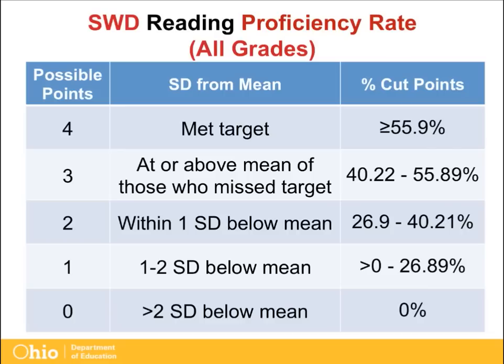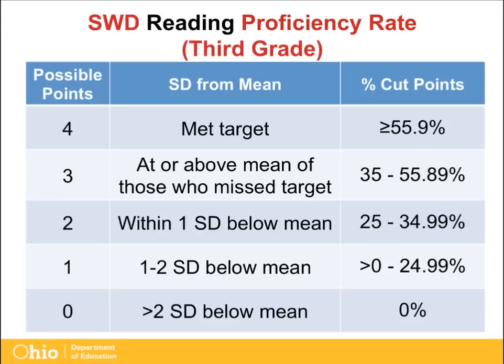Districts that meet or exceed the target of 55.9% receive a full score of 4 points. Districts that are at or above the average of those who miss the target receive 3 points. From there, points are assigned based on standard deviation from the mean, just like with the math proficiency rate.